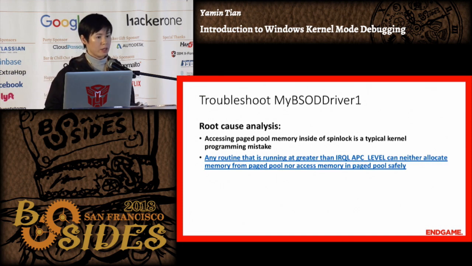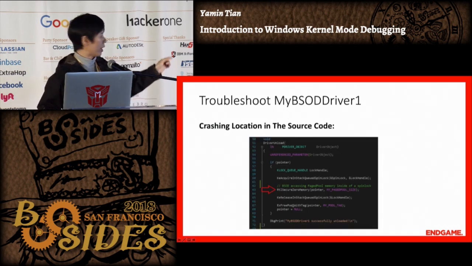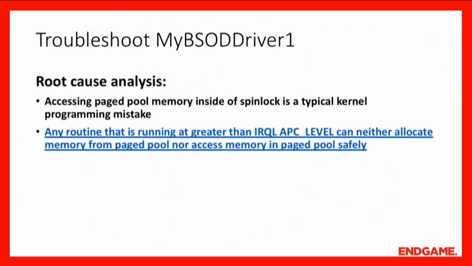It has some unique rules and conditions. This sample code crashed at line 63. It violates some kernel rules, which I listed here. It's accessing paged pool inside a spin lock, and so forth.